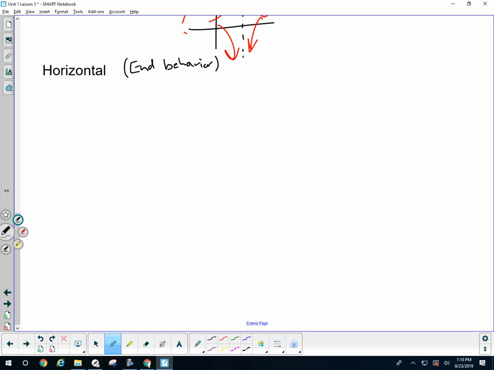And what we will do is we will evaluate limits as x is approaching very, very large values, or as x is approaching very, very large negative values. I don't want to say small values because small values are thinking 0, 0.001.